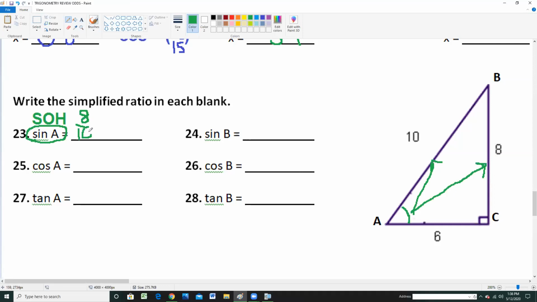Now, unfortunately, that's not actually the correct answer because it said simplified ratio. That means you need to reduce to 4 over 5. Just divide the top number by 2, the bottom number by 2, and you get 4 over 5.